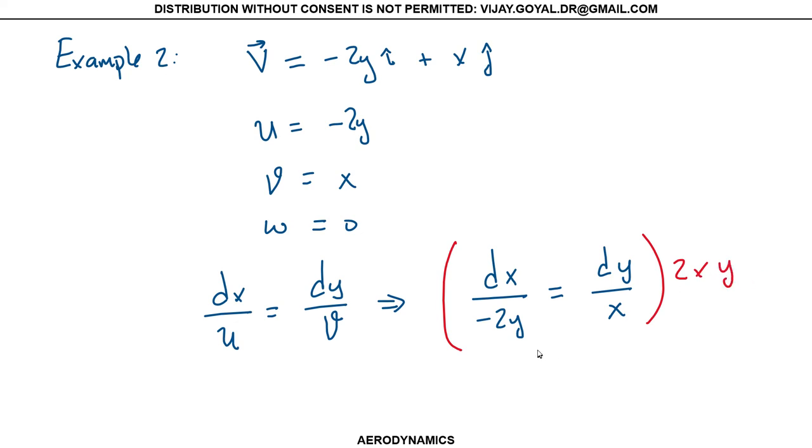If I did that, then you can show that on this side you will end up with -x dx, and on this side you will end up with 2y dy. So we take this equation and now we write it again, and we're going to integrate on both sides.